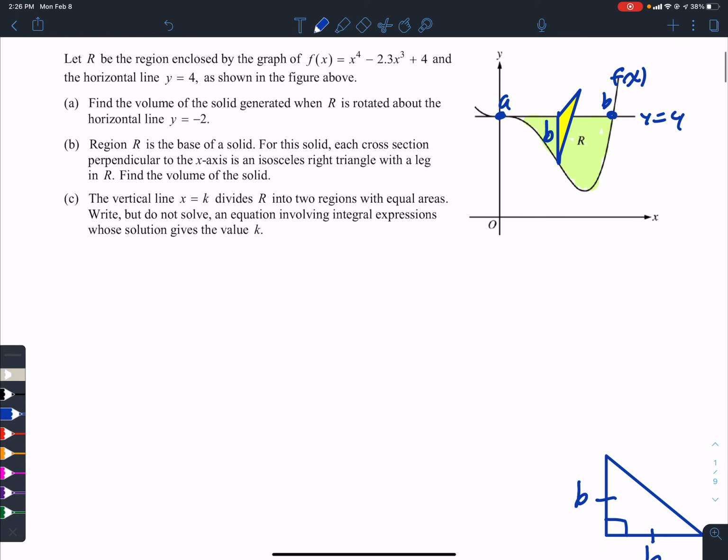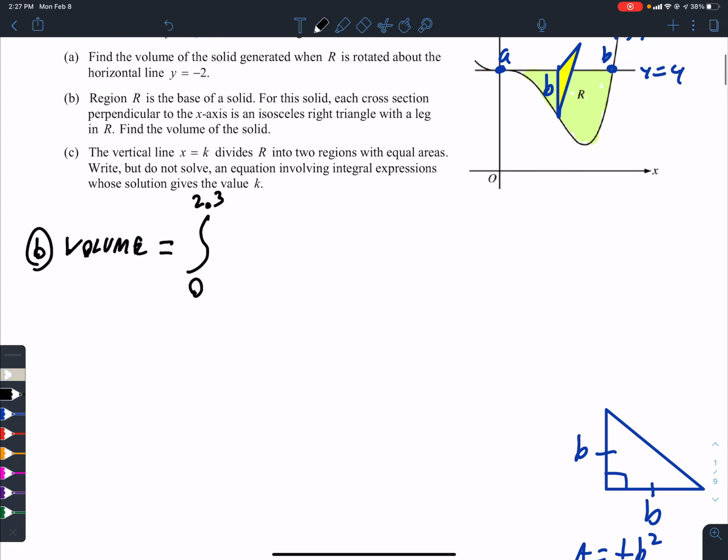So for part B, I want the volume. You're going to have to add up all of the discs, or excuse me, all of the triangles, the volume of the triangles, starting at 0, ending at 2.3. And the volume of each one, we just calculated, is 1/2 b squared times the thickness, which is dx.